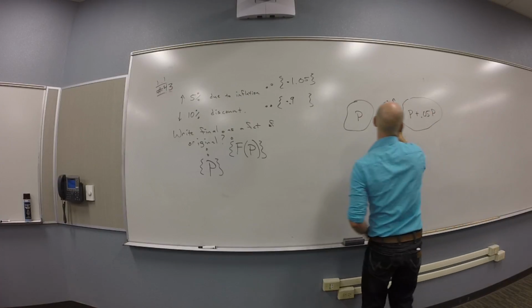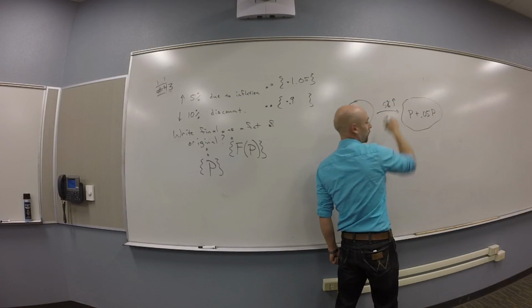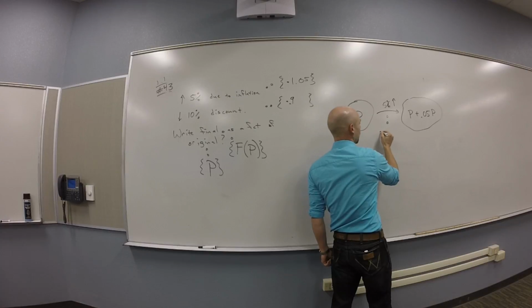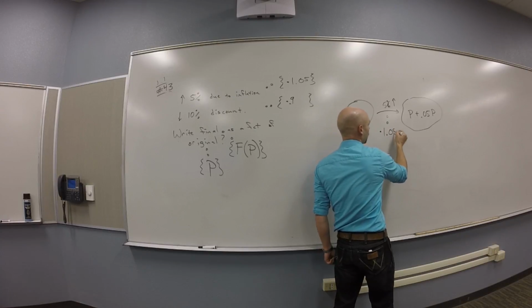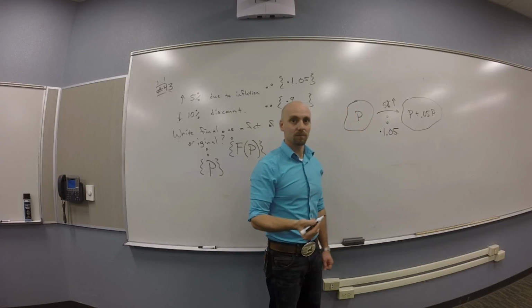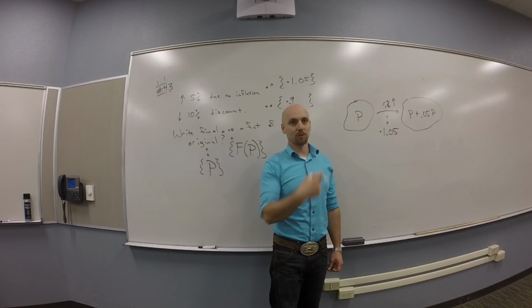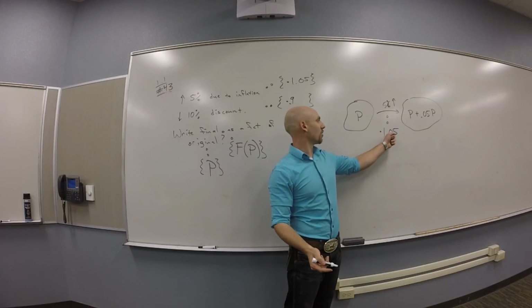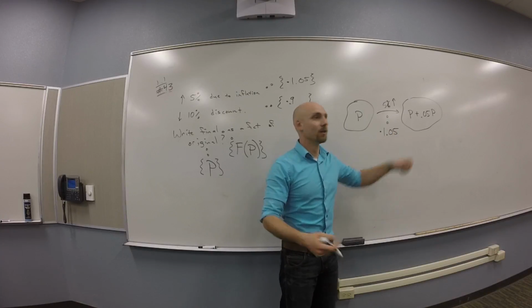So I could really think about this 5% up as the multiply by 1.05 function. You guys see that? It's the 100% that I started with plus the 5% that it went up.